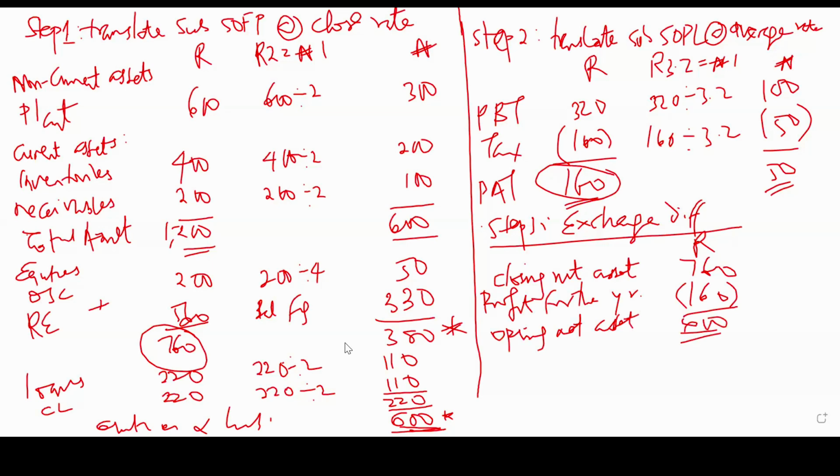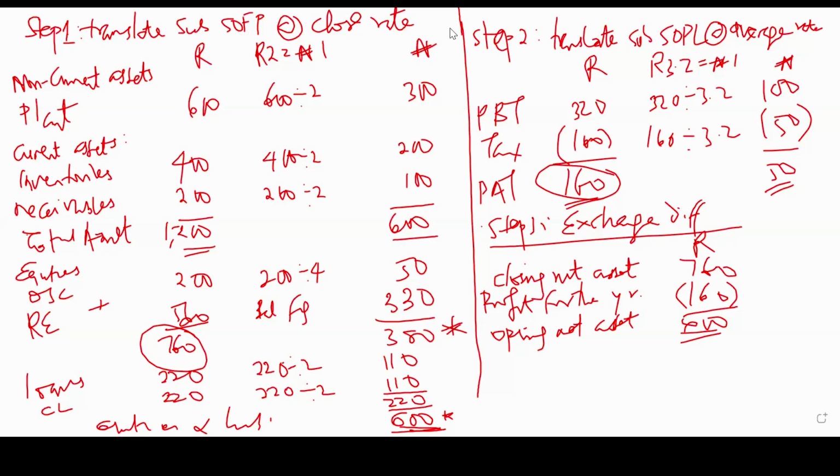Now, if I convert their opening net assets using the rate as at December 31st, 2016, because I am going back to the balance they had at the beginning of 2017, which is the same balance that they closed to in 2016.